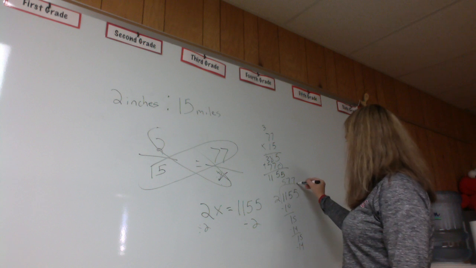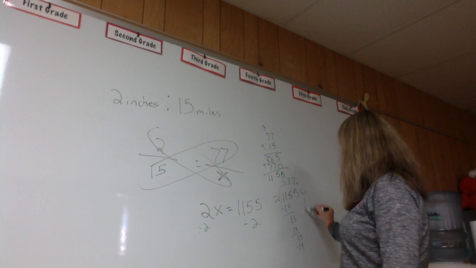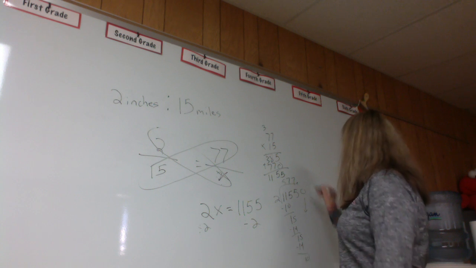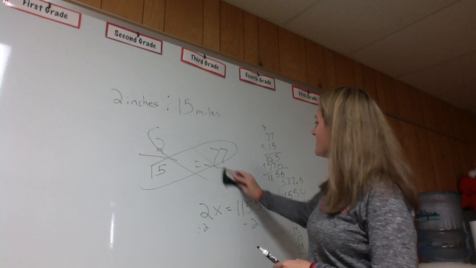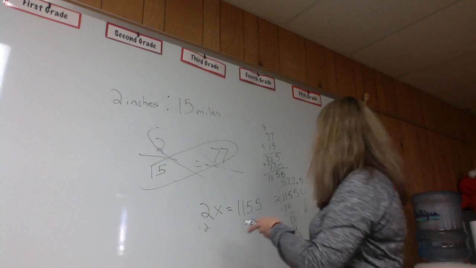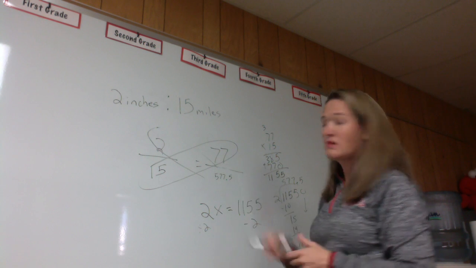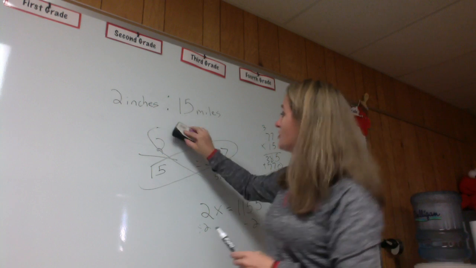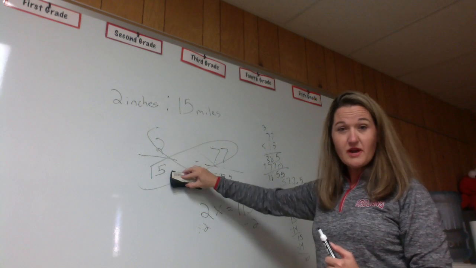In this case, we knew it wasn't going to come out even, so we start dropping a 0, and then we get a 0.5. So 77 inches using this scale is equal to 577.5 miles.